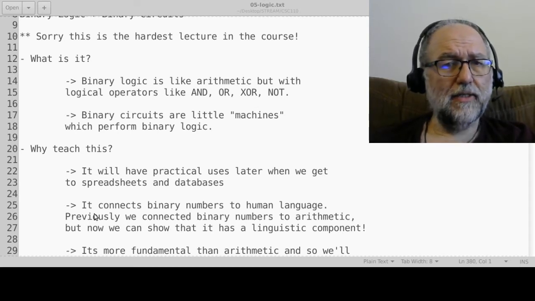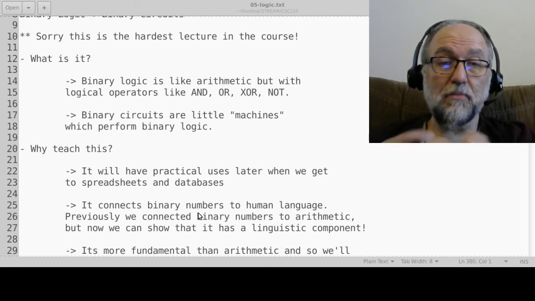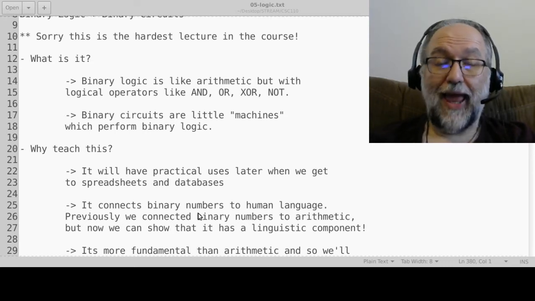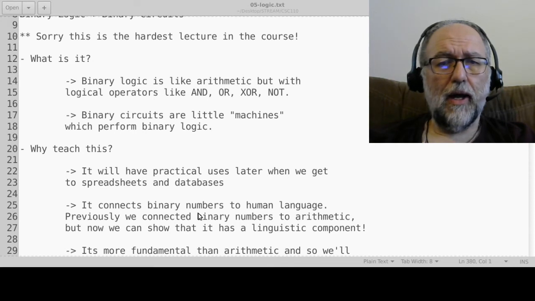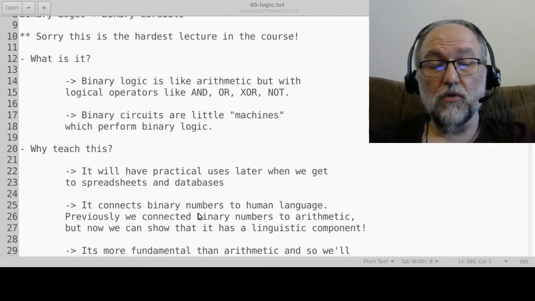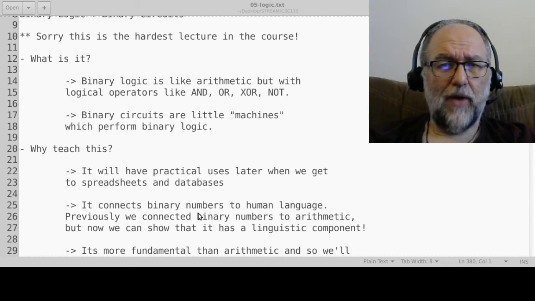The second reason is that it connects binary numbers to human language. Up till now, you saw those binary numbers and you could see how they were related to arithmetic. In fact, I reduced the usual decimal arithmetic that you learned in grammar school to binary arithmetic. But now I'm saying, look, there's something more.